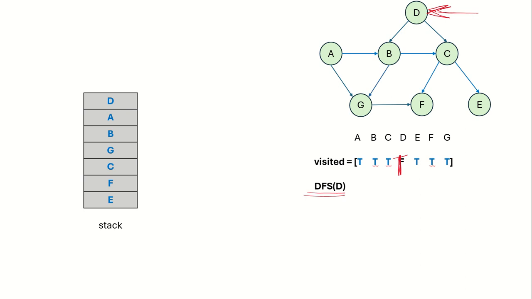And then we have to explore the unvisited neighbors of D. When we see this is also explored, this is also explored, so that means there are no unvisited neighbors of D which are left. So we push D also onto the stack and we see that all the nodes have been visited.